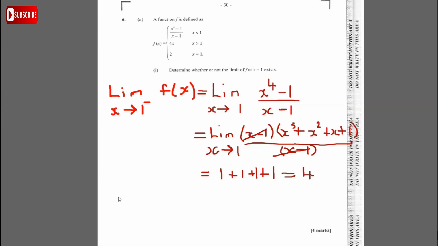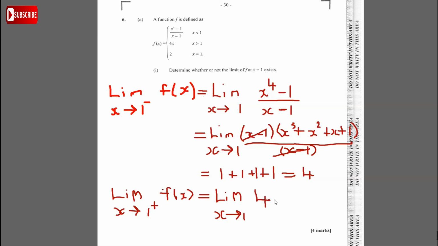So now let's check the limit on the right-hand side. We need to evaluate the limit as x approaches 1 from the right. Plugging in on the right, it's the limit as x approaches 1 of 4x.